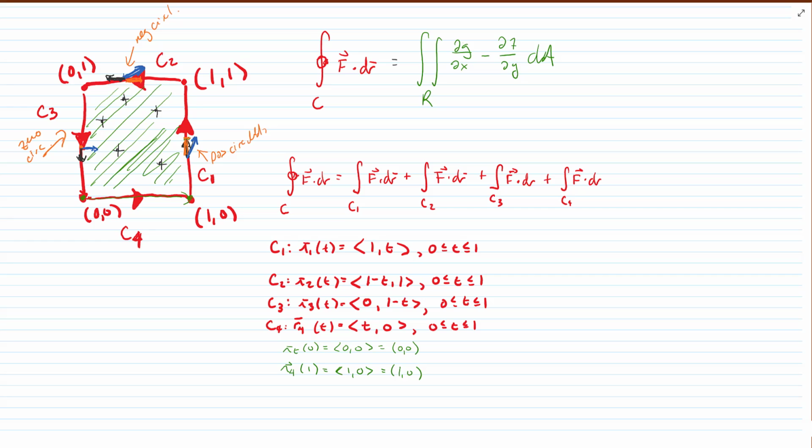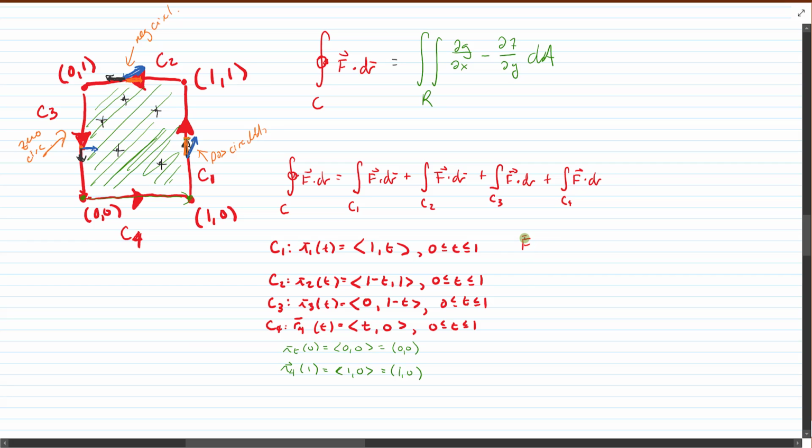So let's resume this calculation now that we've got the parameterizations, reminding you that our vector field function f is y comma x. And so for each one of these parameterizations, in place of the y, I'm going to put the second coordinate description for each one of these.